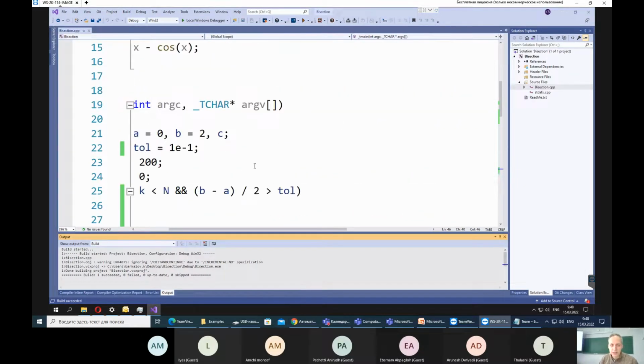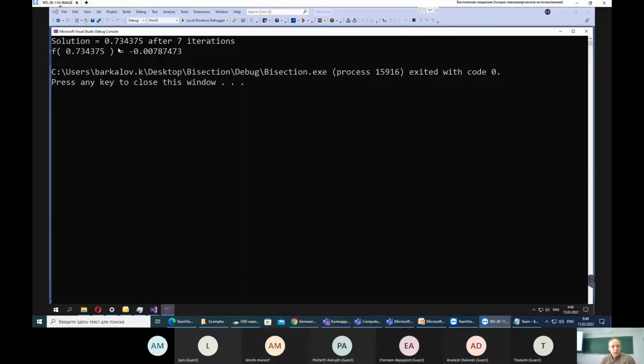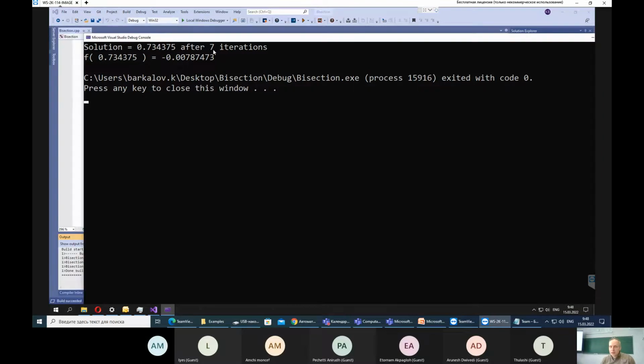Let's take tolerance smaller. 1e minus 2. It means 0.01. I can write it in the usual notation, 0.01. And you see that the number of iterations increased, and the value of the function becomes closer to 0 at this point.